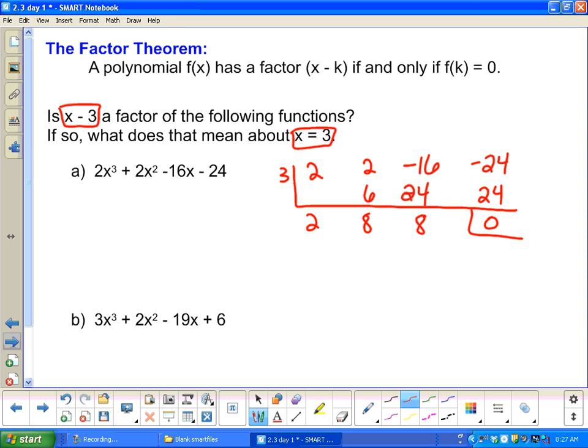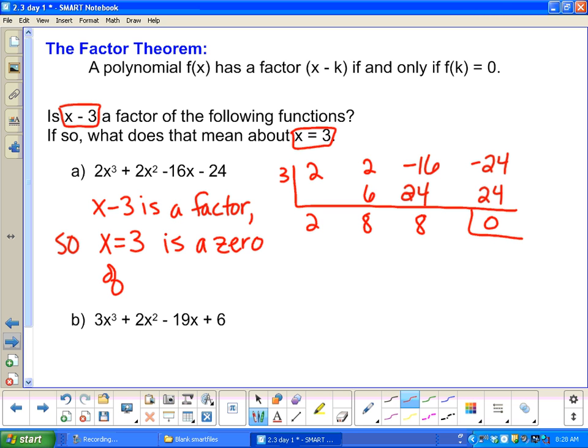So since my remainder is a 0, I can conclude that x minus 3 is a factor, and so x equals 3 is a 0 of the polynomial.